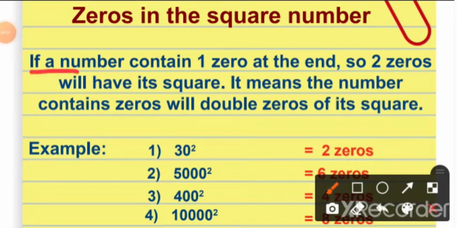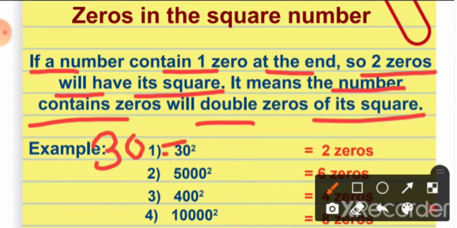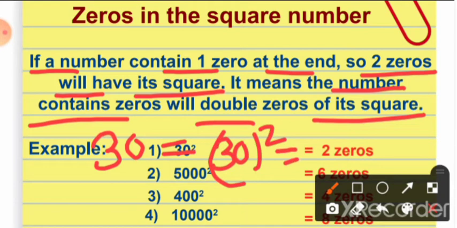If a number contains 1 zero at the end, its square will have 2 zeros. It means the number of zeros in the square will be double. This means if any number has one zero at the end, its square will have double zeros. 30 square is equal to 900.